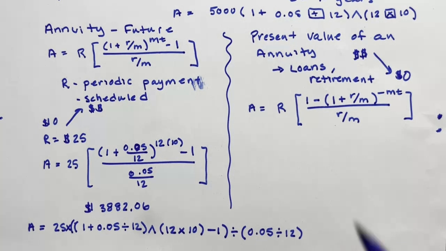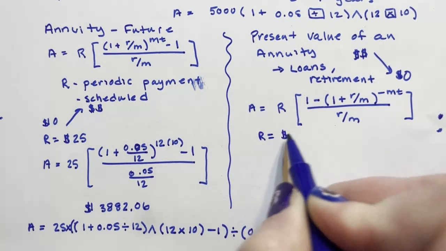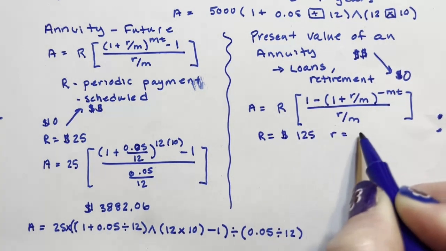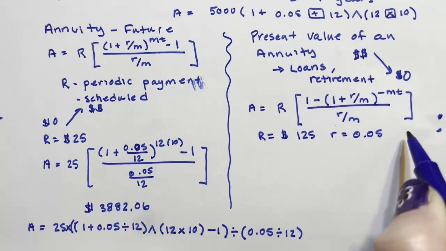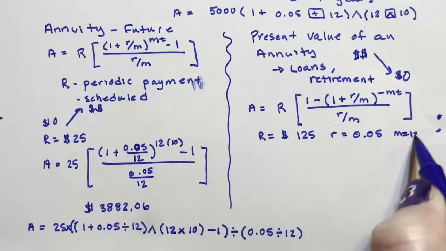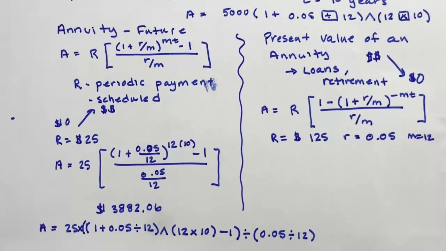So let's say you buy a car and your payments on your car are $125 with a rate of 5%, and you're paying it again monthly, because those things are pretty common.